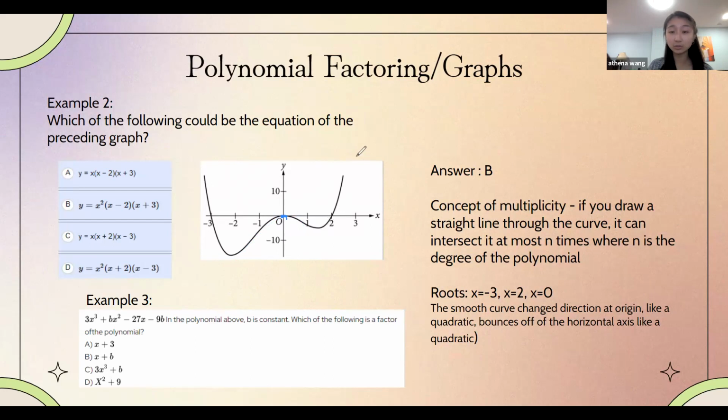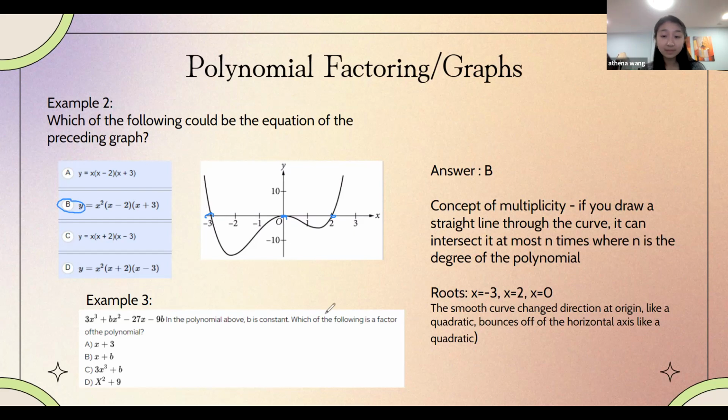If it passes through just like a line, like here and here, this would just have 1 factor of this as a root of this polynomial. So this answer would be x plus 3 times x minus 0 squared, so this is x squared, times x minus 2. So this would be B.